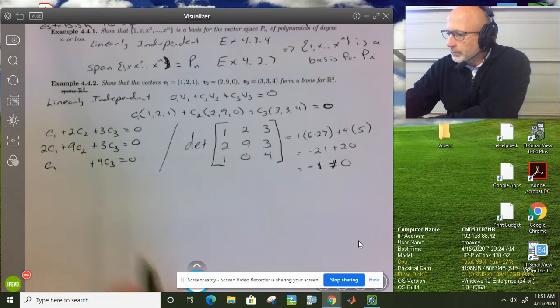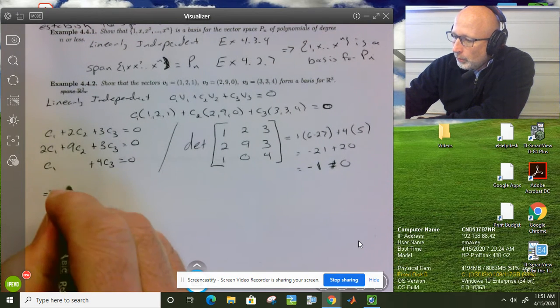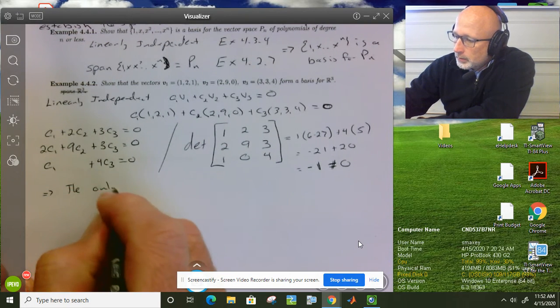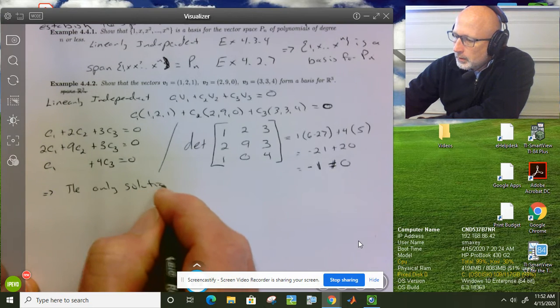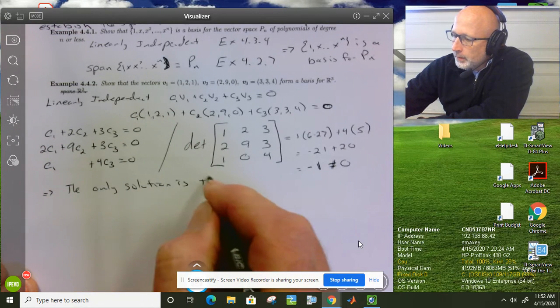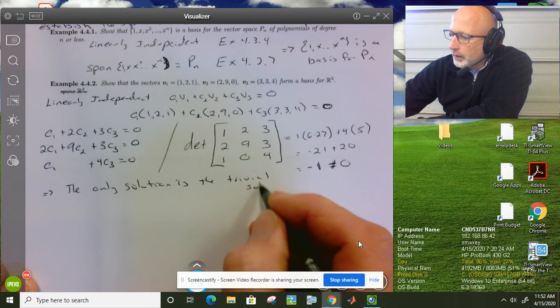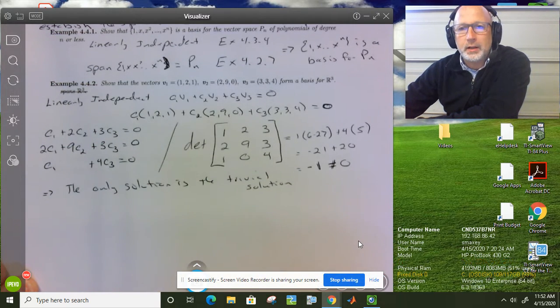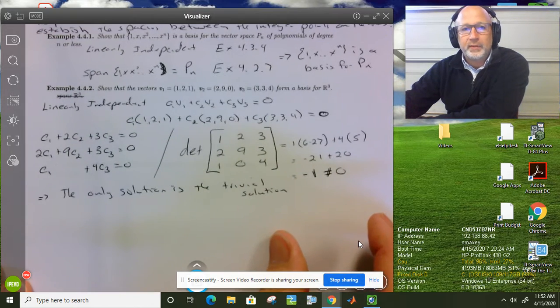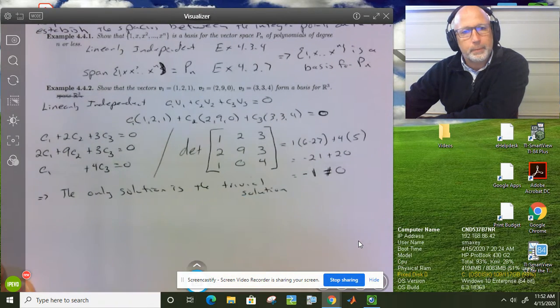So this means the only solution is the trivial solution, and this, of course, is for a homogeneous system of equations. Homogeneous means it's all equal to 0.